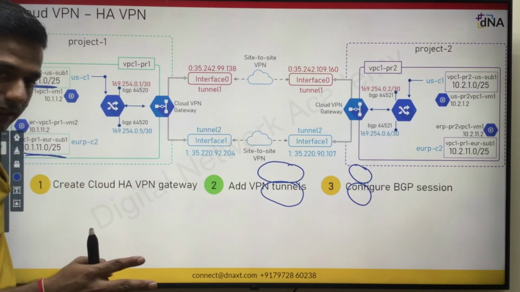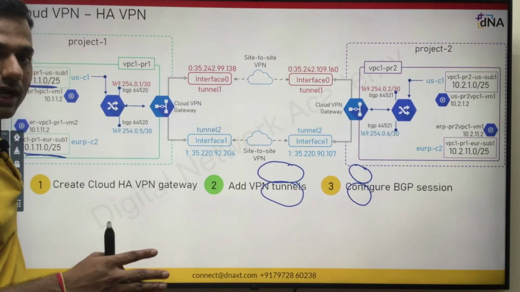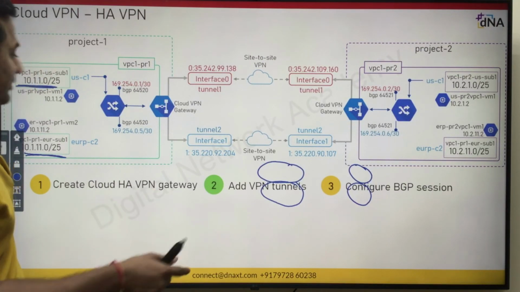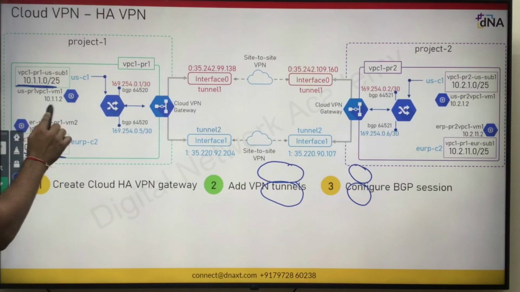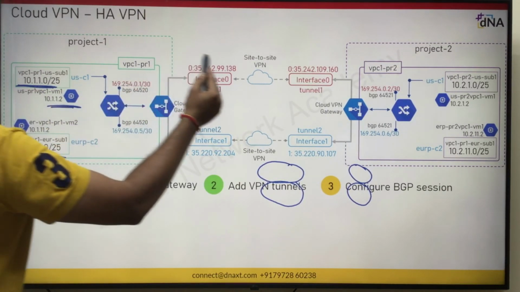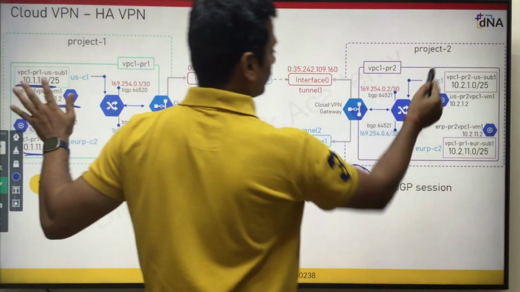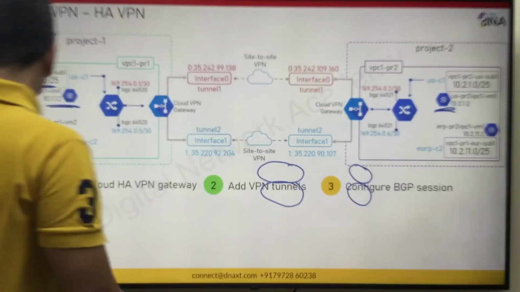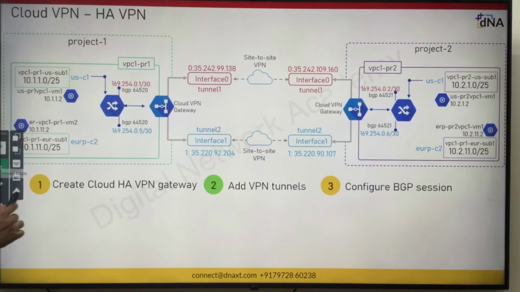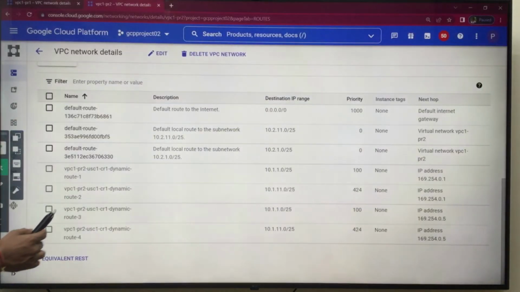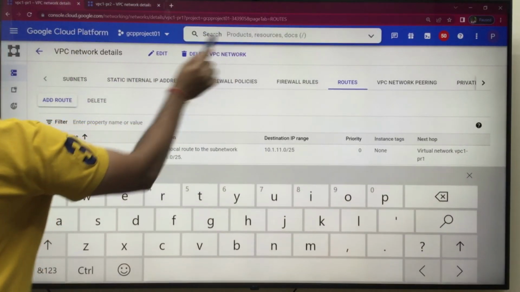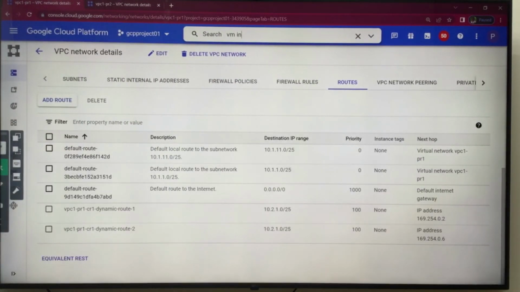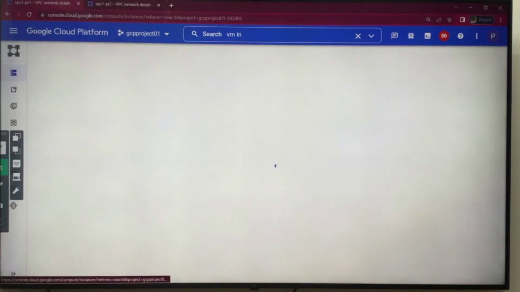Clear guys? So the last step: go and initiate the ping from the project 1 US VM to the project 2 US VM. Okay, configure. Where is my console? Here you go. Go to project 1, then go to the VM instances.